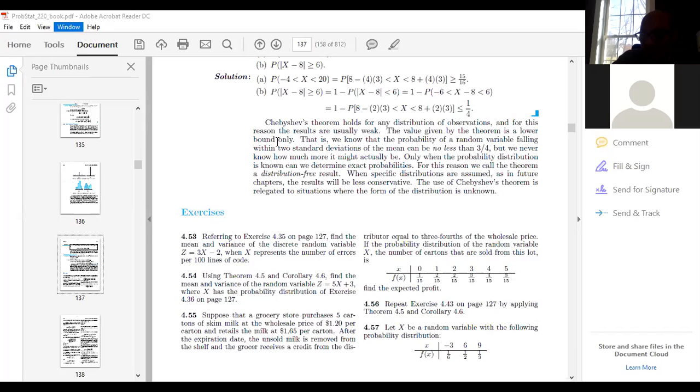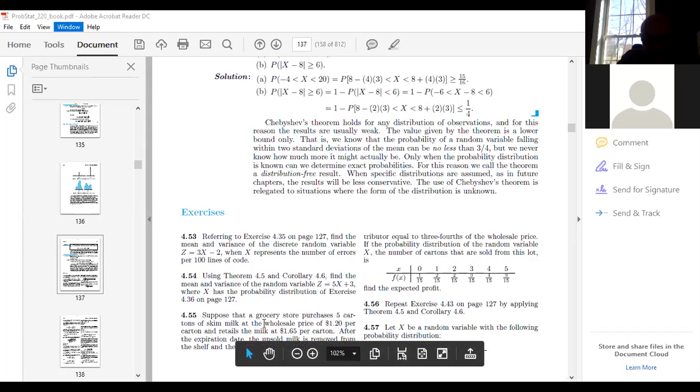Now it may be possible that till the expiration date, some of the cartons are left out, they are not being sold. So after the expiration date, the unsold milk is removed from the shelf and the grocer receives a credit from the distributor equal to 3/4 of the wholesale price. Now, what was the wholesale price?